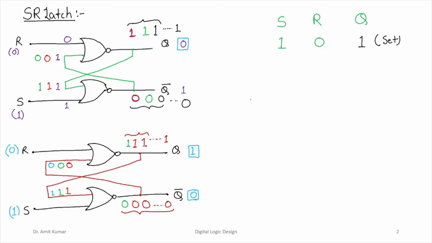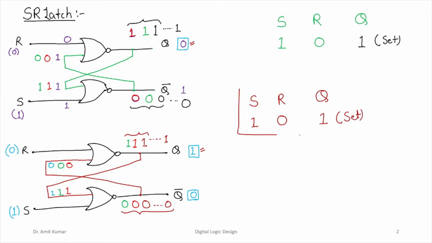So what we can say is, if the value of S is a logical 1 and the value of R is a 0, that is, it is an active low signal, then the output Q, whether previously it was a 0 or previously it was a 1, if the inputs are set to 1 and 0, that is, if the input S is set to active high and the input R is set to active low, then the output is always going to attain the 1 state, the active high state. So we can say the output is set.